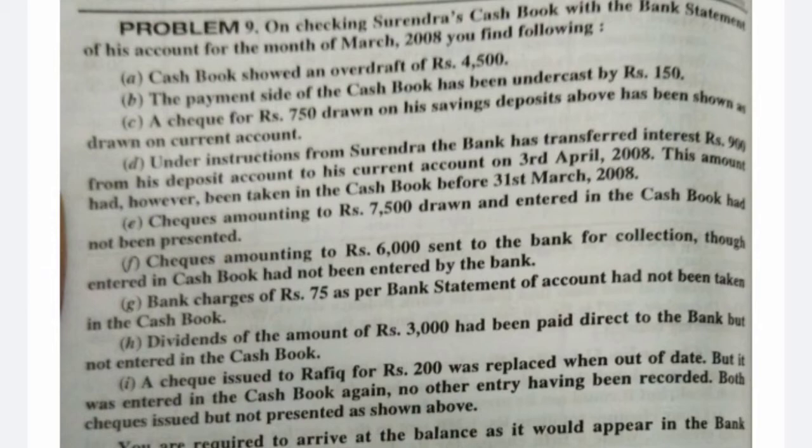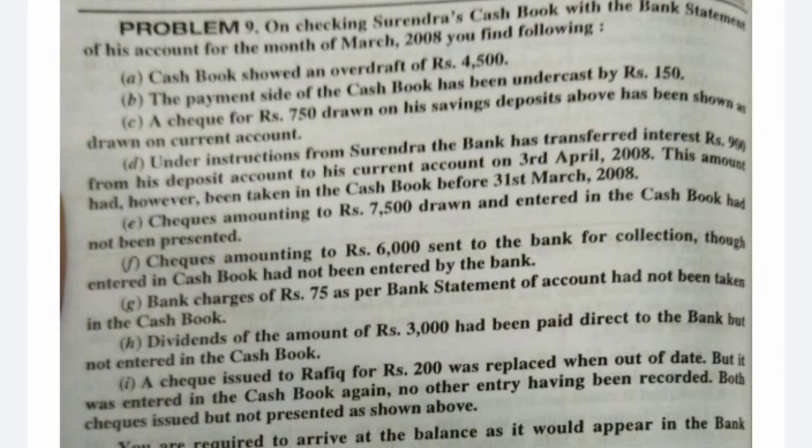So the cash book is showing more on the receipt side, because we did not recognize the expenditure, and the expenditure will not get deducted from the receipts. Therefore, since the cash book is showing a higher balance on the receipt side, we need to add this 150 to the overdraft balance.